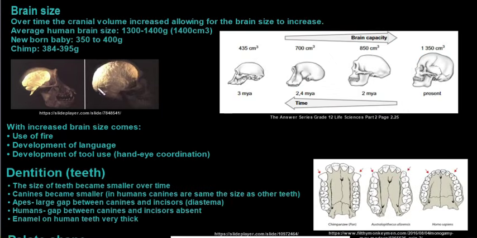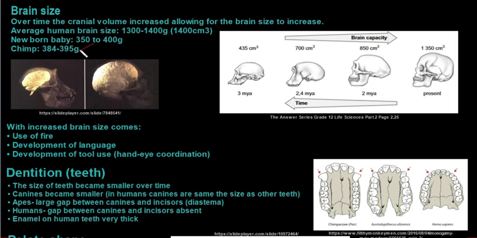Moving on to brain size. Over time, the cranial volume increased, allowing for the brain size to increase as well. As an example, an average human brain is around 1.3 to 1.4 kilograms, and a newborn baby's brain is 350 to 400 grams, compared to a chimp, which is 384 to 395 grams.